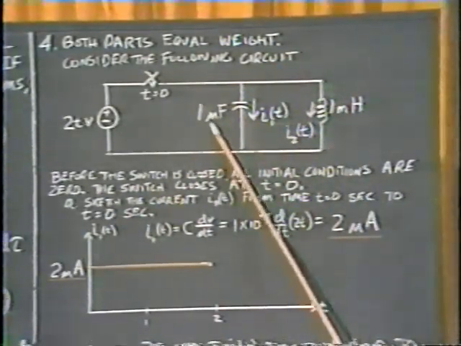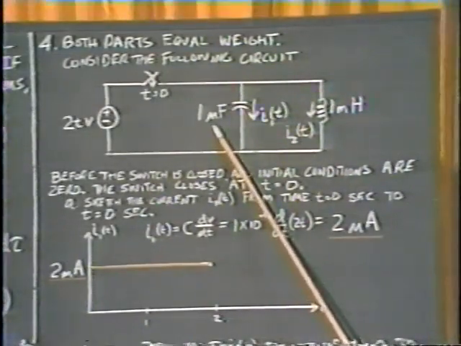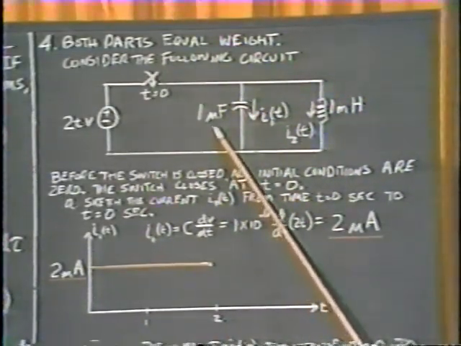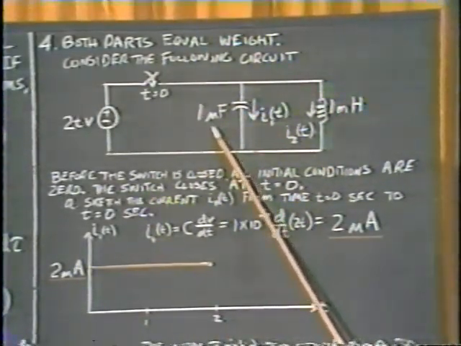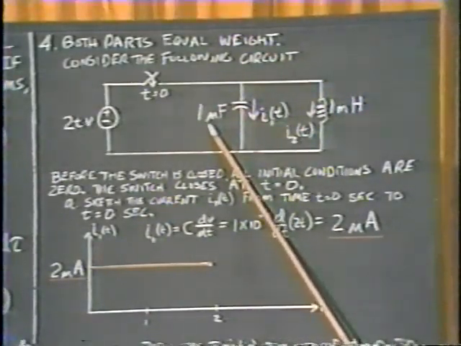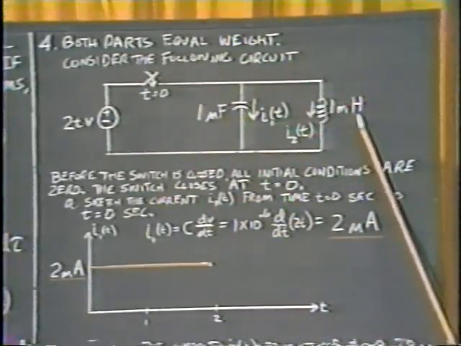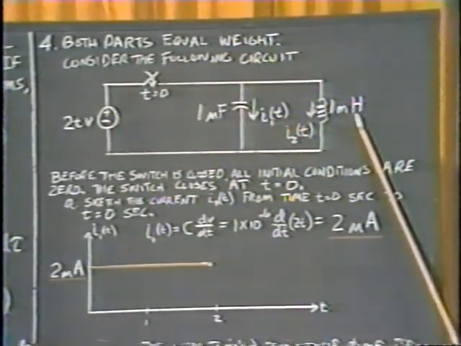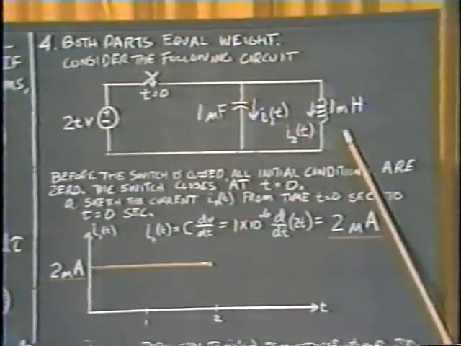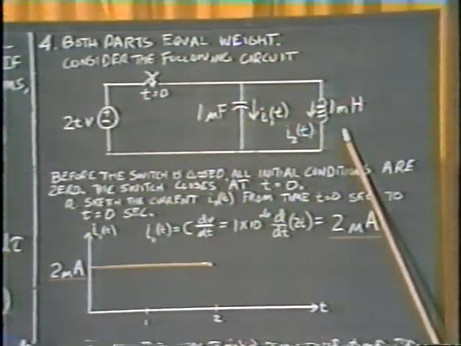This capacitor has 1 microfarad of capacitance, which is 1 times 10 to the minus 6 farads. The inductor has 1 millihenry of inductance. That's 1 times 10 to the minus 3 henries.